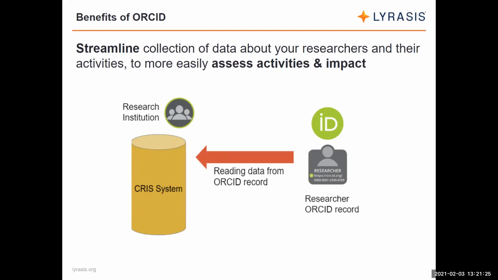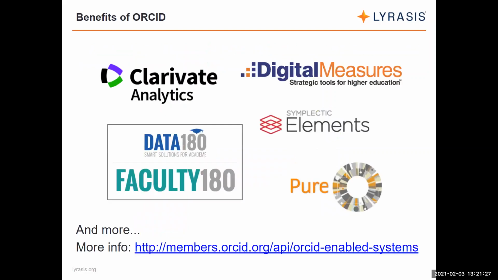And so, for example, there are a number of vendor research information systems, including those that you see here, that already have an Orchid API integration built in so that researchers can import their information directly from Orchid. And each of these systems is enabled with Orchid to varying degrees.